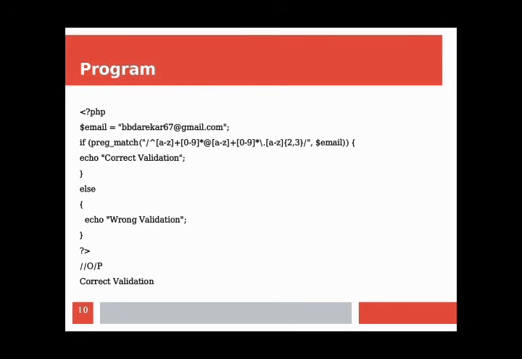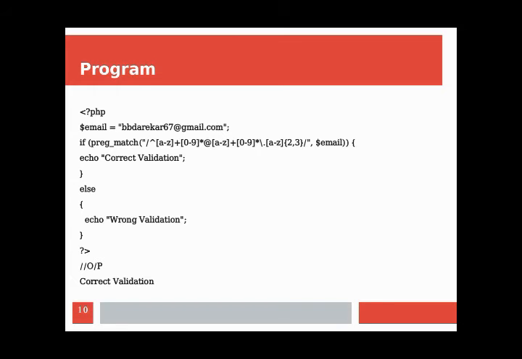We use the if function with preg_match in brackets, then double quote, slash, caret, then in square brackets a-z plus, in another square bracket 0-9 star, @ symbol, then in another square bracket a-z plus, then the next square bracket 0-9 star, slash dot, then again in square brackets a-z and in curly brackets 2,3, slash double quote complete, comma $email, outer brackets complete.